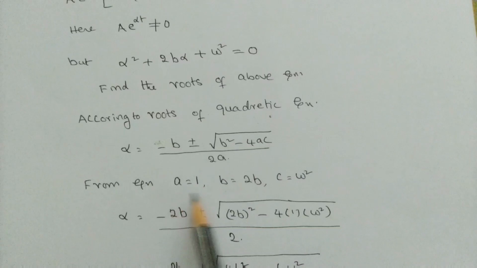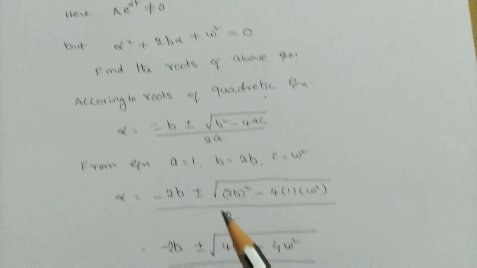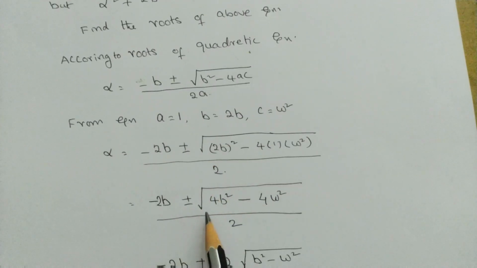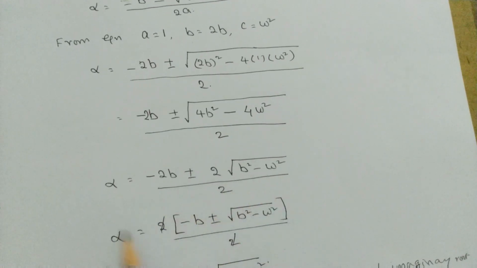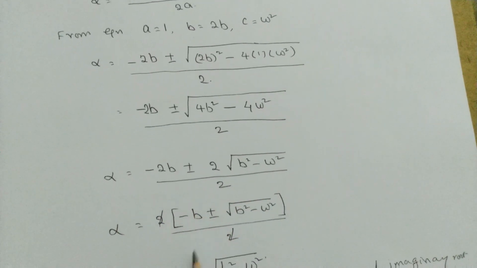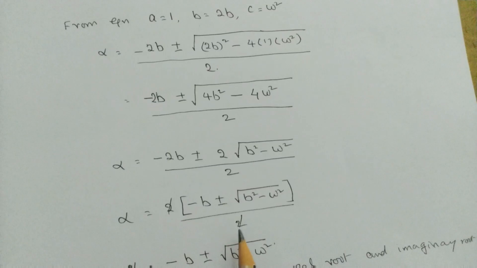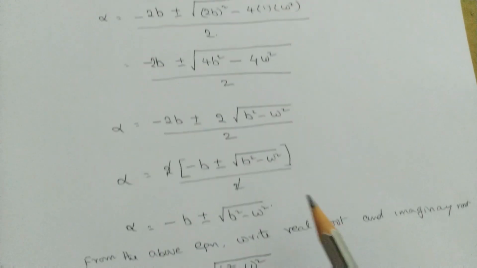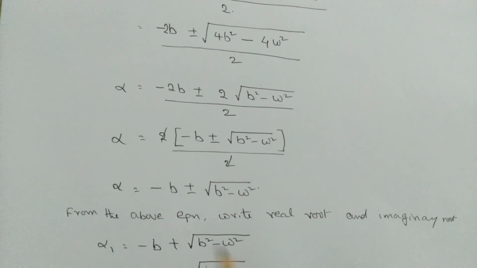Now substitute these values in this equation. We get minus b plus or minus root of 4b square minus 4 omega square by 2. Now take 2 as a common factor, then 2 gets cancelled. Then alpha is equal to minus b plus or minus root of b square minus omega square.